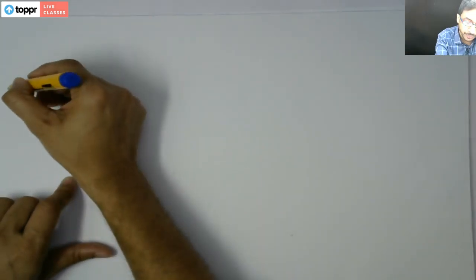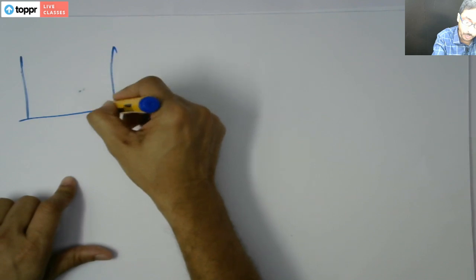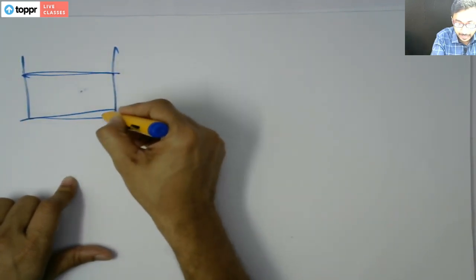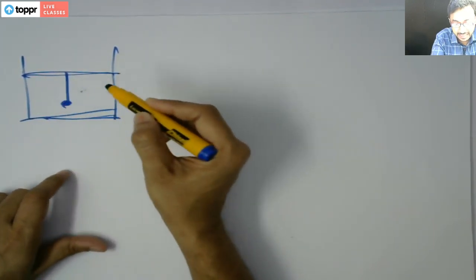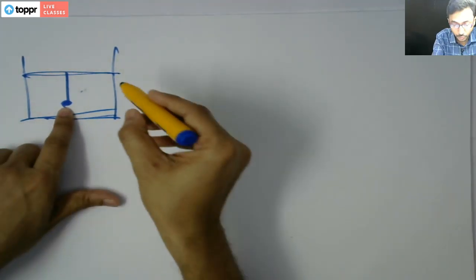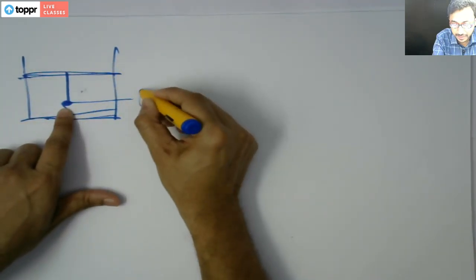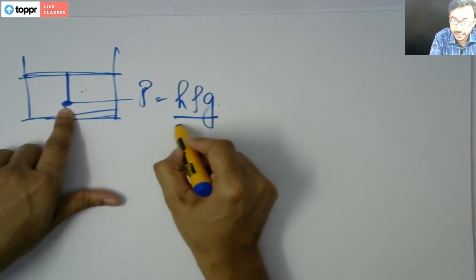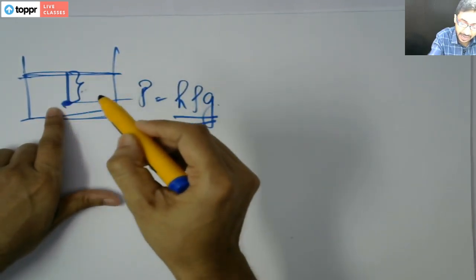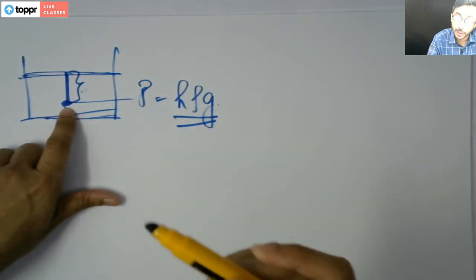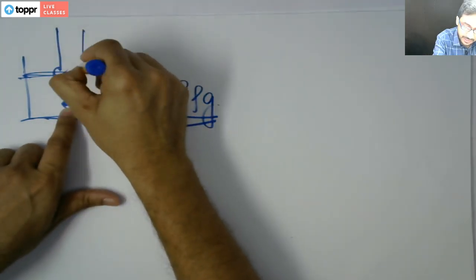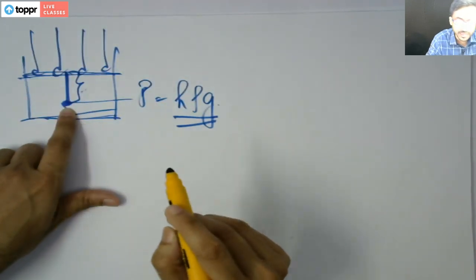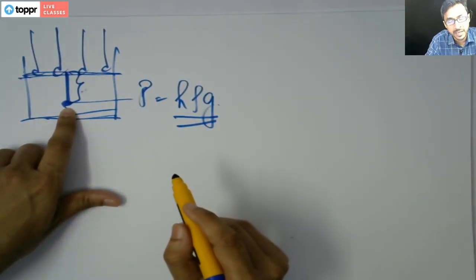Now, as we are talking about atmospheric pressure, one thing we should keep in mind: we are saying that at a depth of a fluid from the free surface, the pressure is H rho g. But H is the height of the liquid column. Above the free surface, there is an atmosphere.